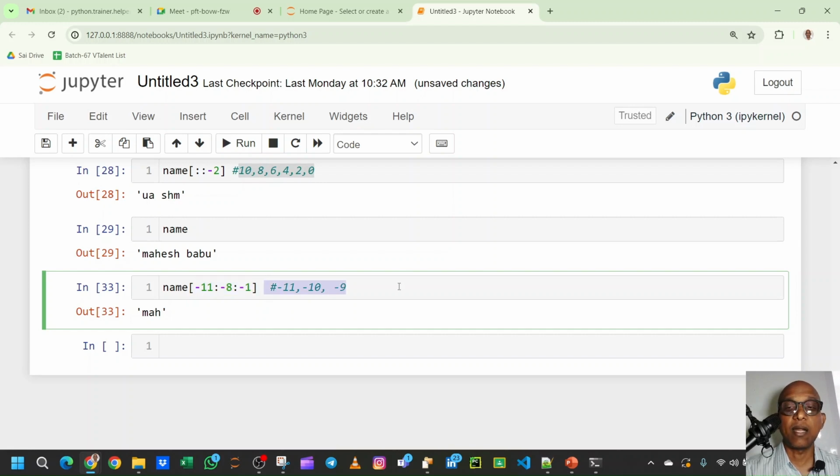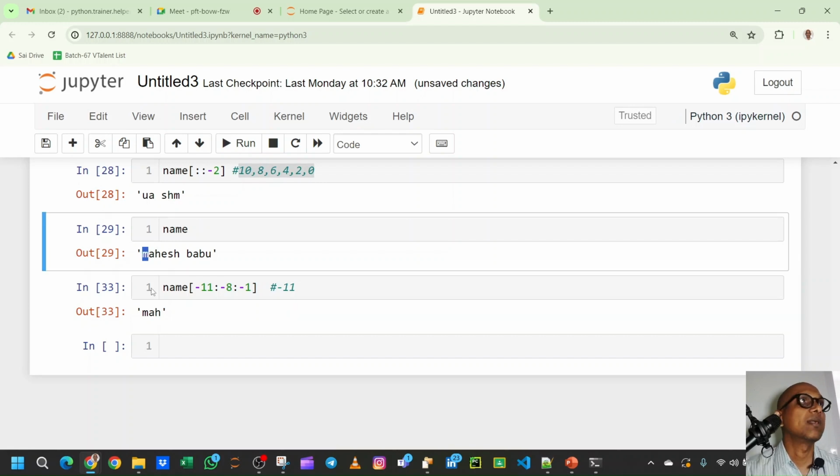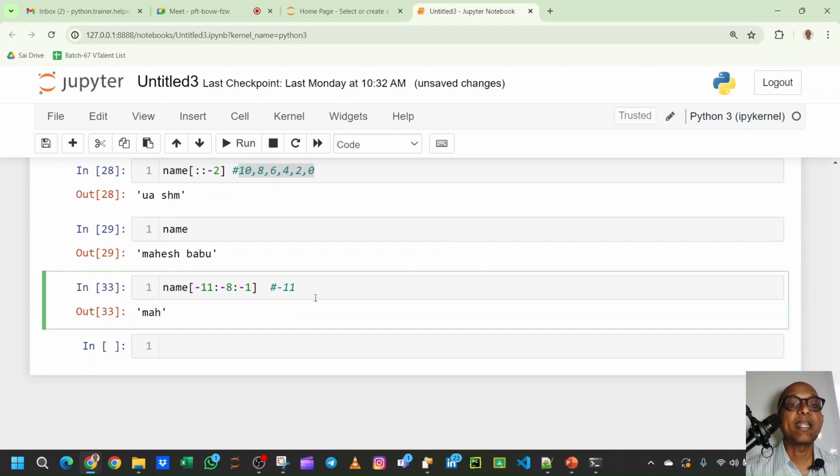If I'm using -1 as the step, what does it mean? Do you understand the code? First I'm going to get the starting index number -11, which is the character M. And what is my next increment value? -11 minus 1 is -12, and after that -13 and -14.